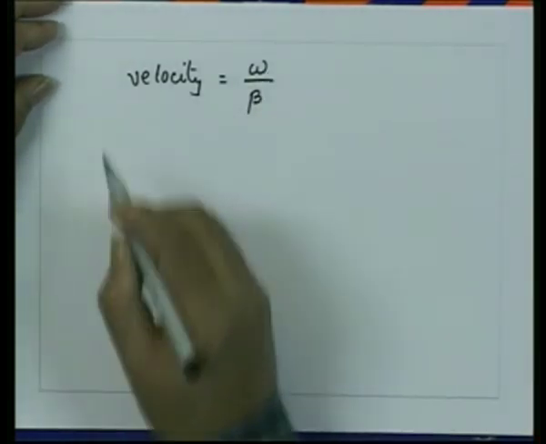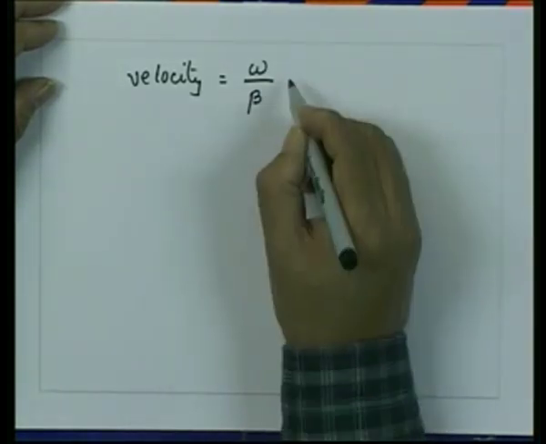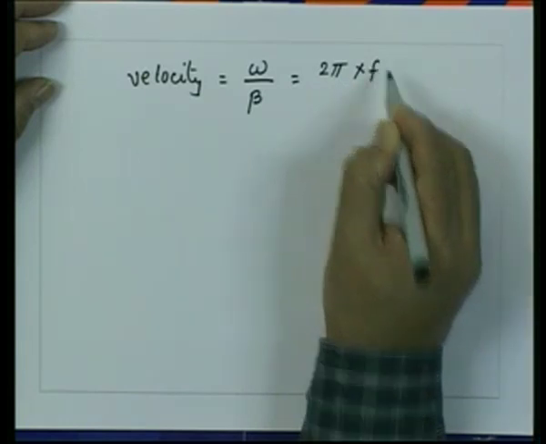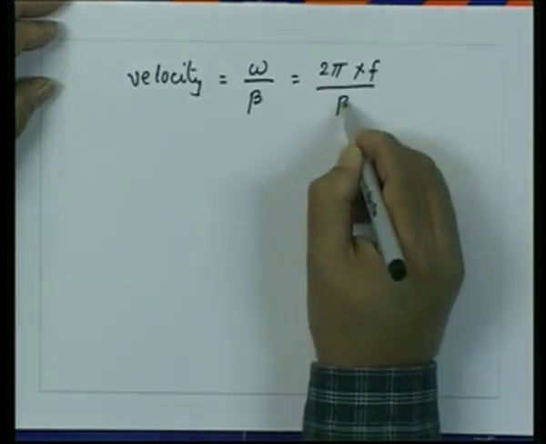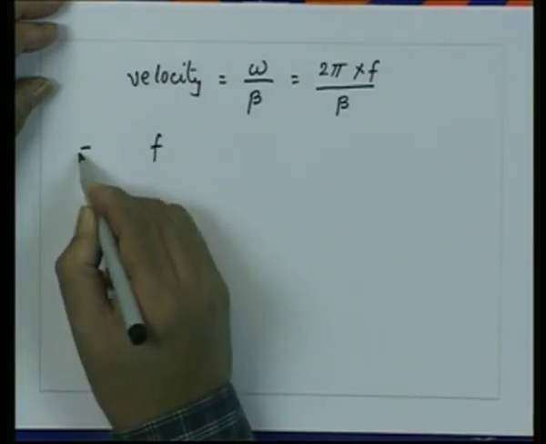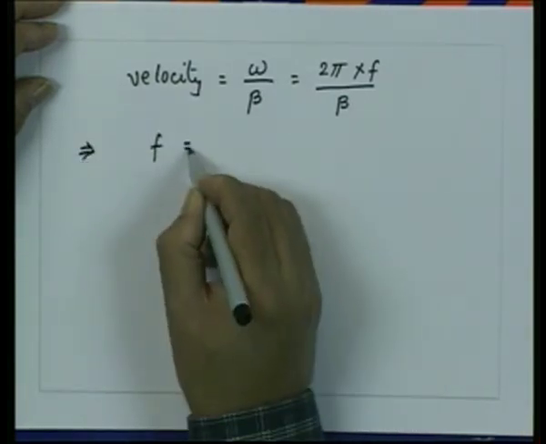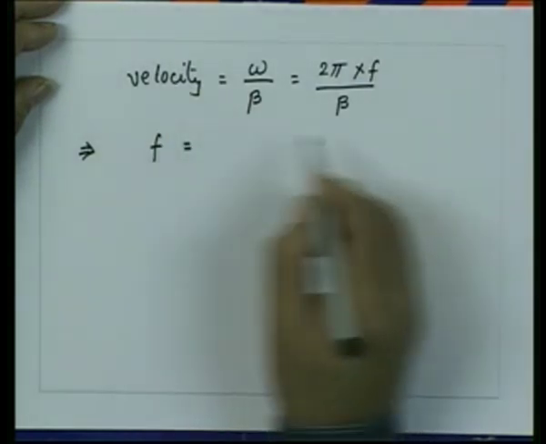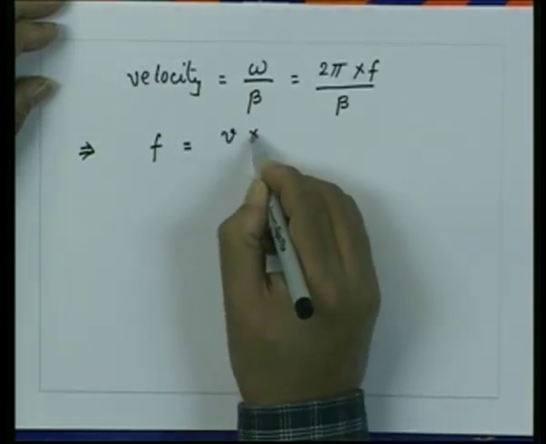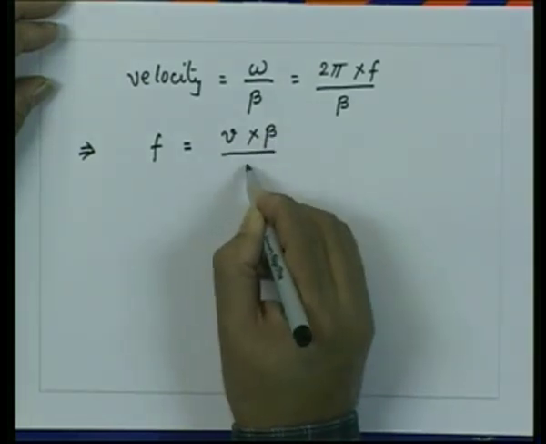Since we want to find the frequency, omega is 2 pi into frequency f, divided by beta. So, the frequency will be equal to velocity v into beta divided by 2 pi.